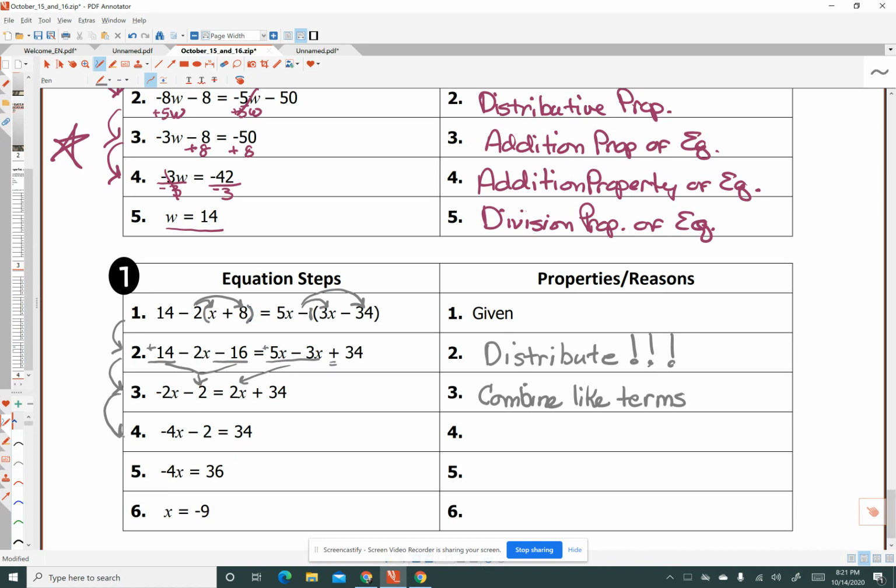We need to move on to step 4. And it looks like we subtracted 2x from each side. And that's how we got our negative 4x here. So that is the subtraction property of equality.